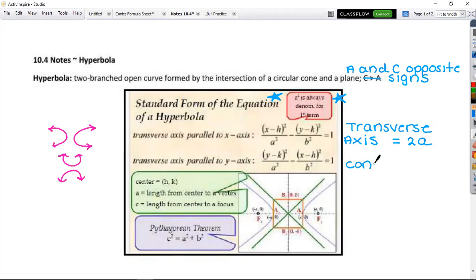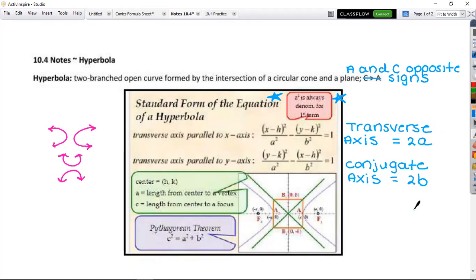So instead of saying minor axis, we say conjugate axis. Your conjugate axis, if you need to find it, is just equal to 2 times B instead.